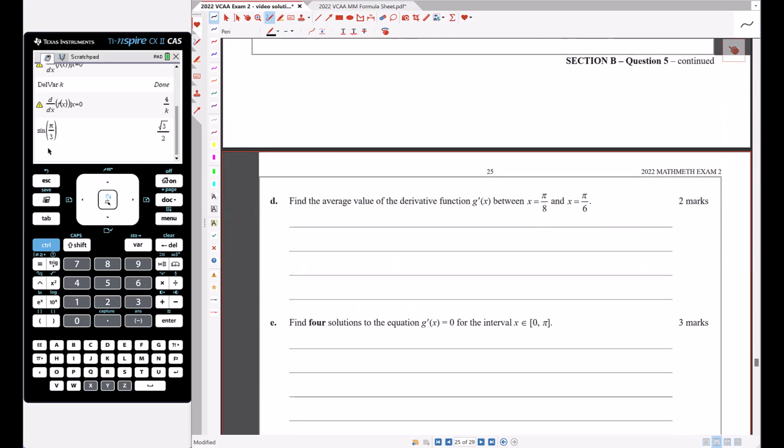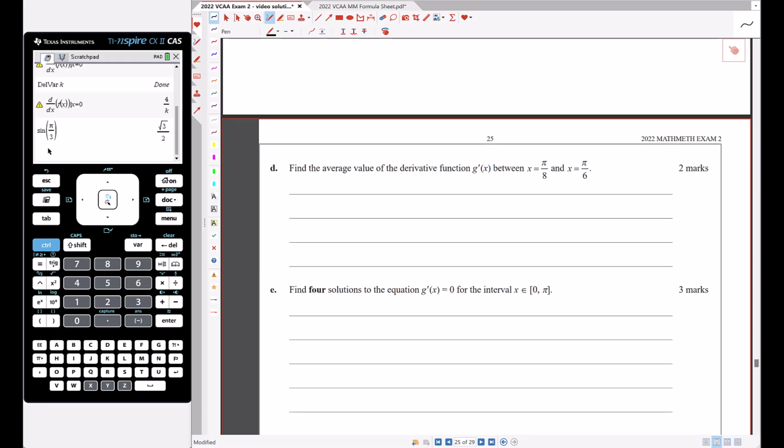Okay, so then find the average value of the derivative function. Not the average value of the function, but the average value of the derivative function between x equals pi on 8 and x equals pi on 6. So the average value of g dash is going to be 1 on pi on 6 minus pi on 8.